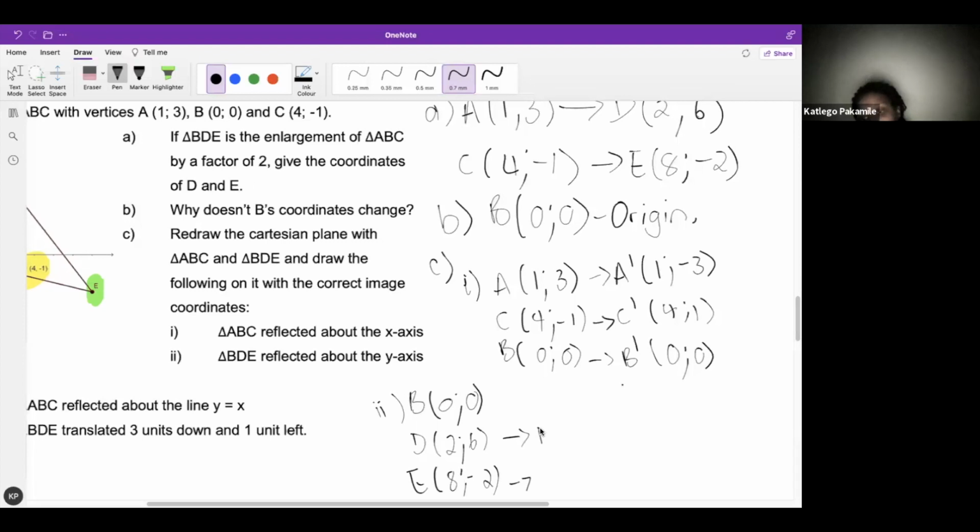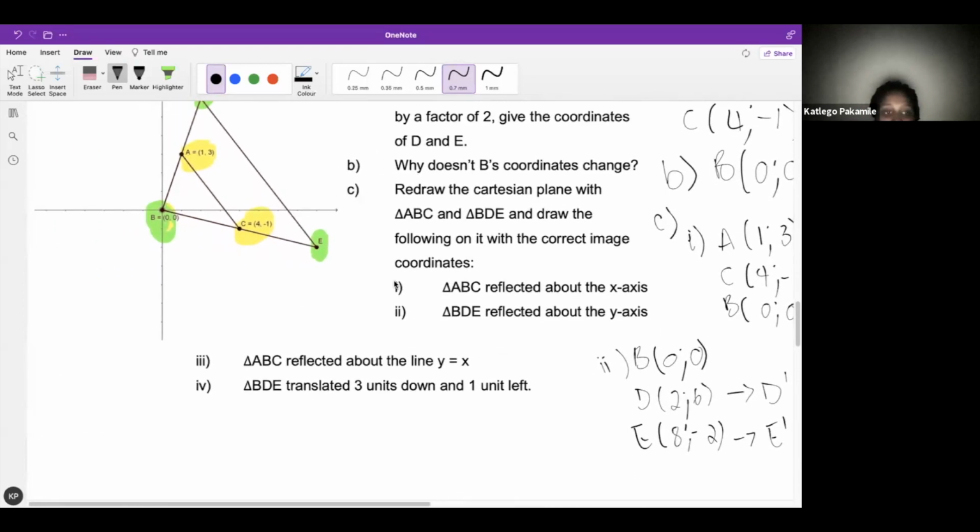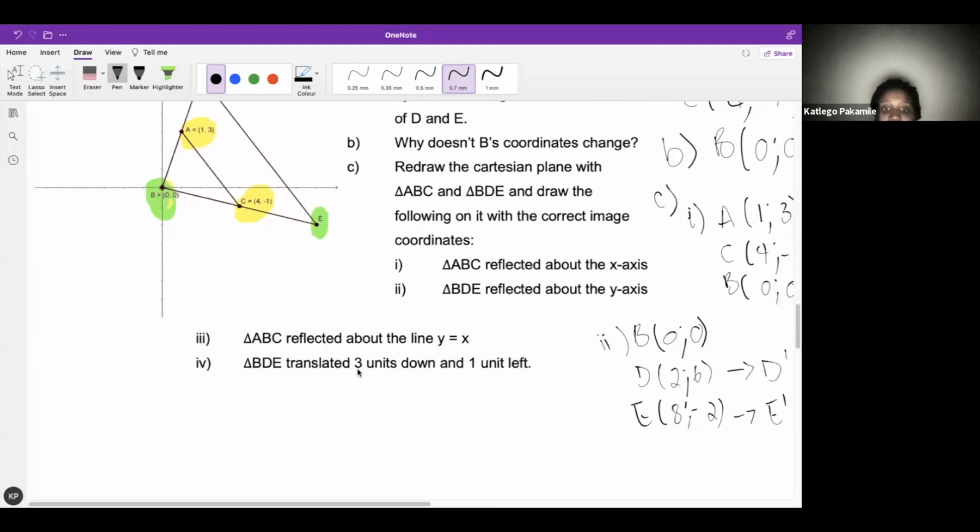So then what will D prime be? Nice. Kubo has given me an answer there. -2 and 6. And E prime? Nice, Tammy. -8 and -2. Nice. Now we are moving over here. It says triangle ABC reflected about the line y equals x. What happens when you reflect something on the line y equals x?